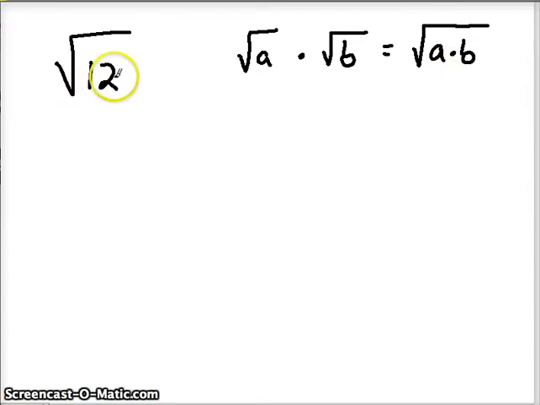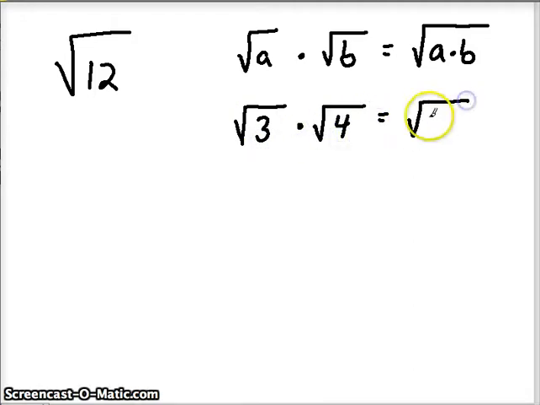So I can break this one up into factors here, factors of 12. So I could say that that is equal to square root of 3 times square root of 4. That gives me the square root of 3 times 4, right? You can always go backwards. You could break this down to 3 times 4 under one radical and then break it up into two radicals. Either way is helpful.